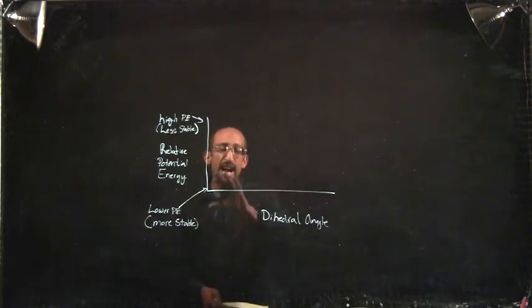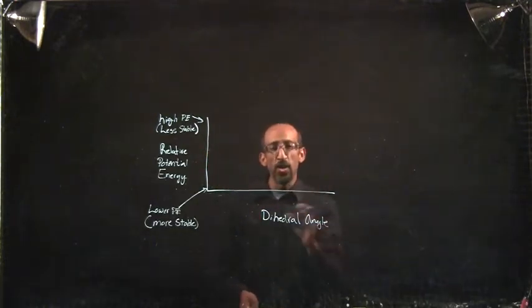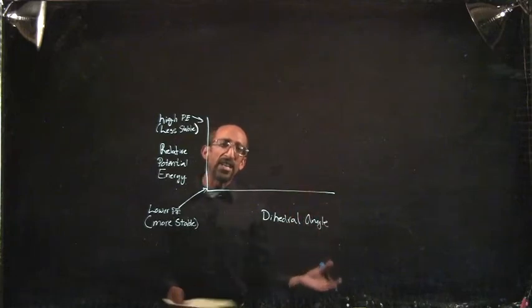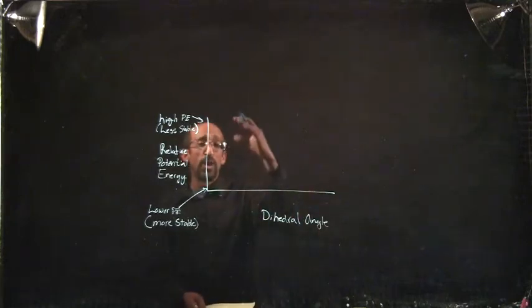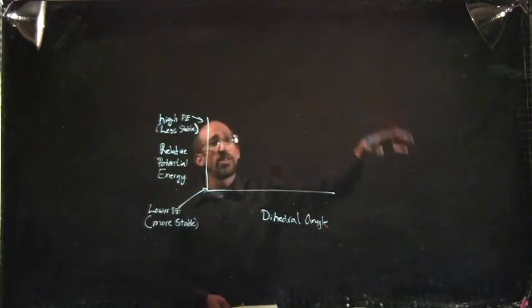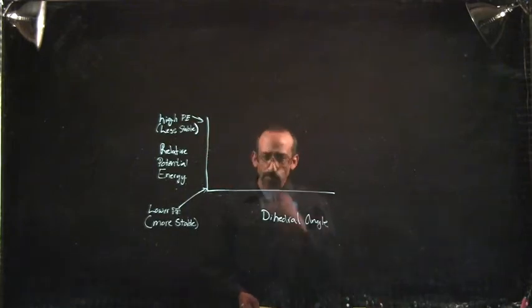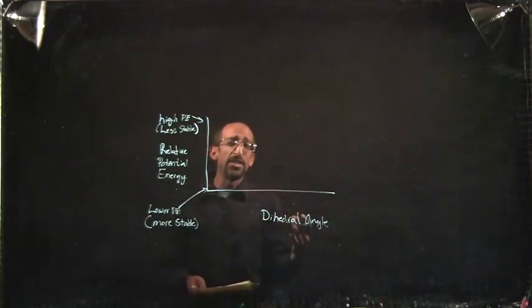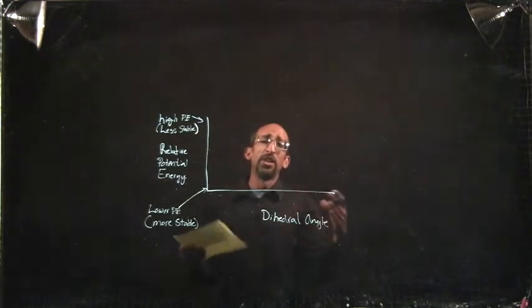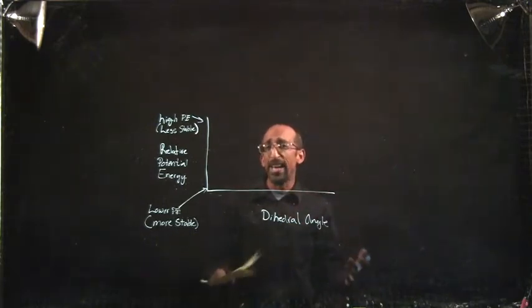And now this gives us an opportunity to say, okay, with these different dihedral angles, what are their relative potential energies? And if you remember the list we made before, a very high energy system is totally eclipsed. Very low energy system would be anti.